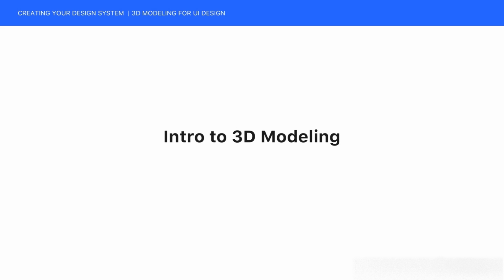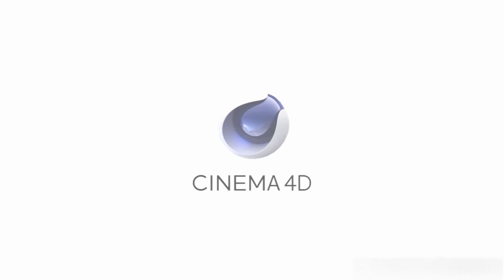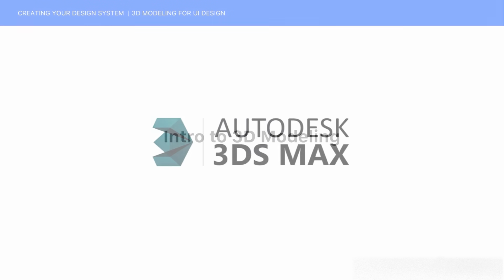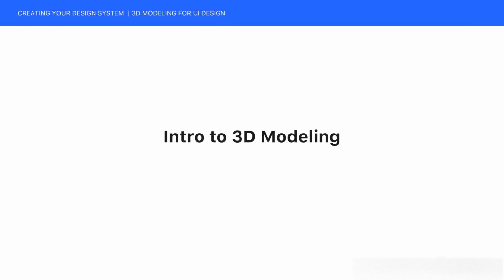So in this section, I'm going to teach you how you can use these techniques in order to create amazing stuff for your design. You may be familiar with traditional 3D modeling software such as Cinema 4D, 3ds Max, etc. However, working with these traditional software could be quite daunting for beginners.